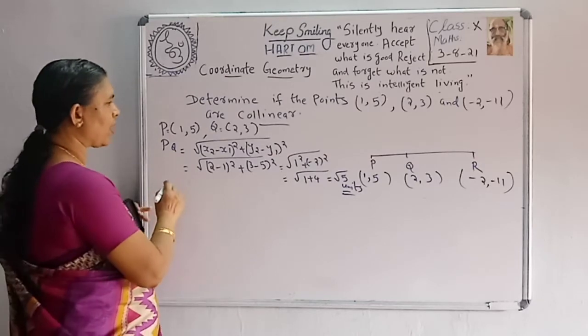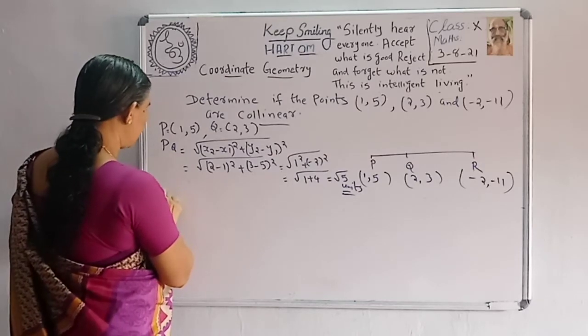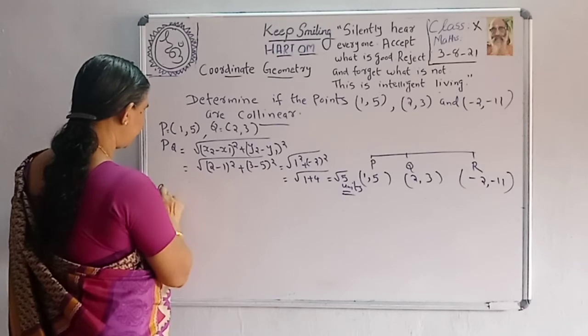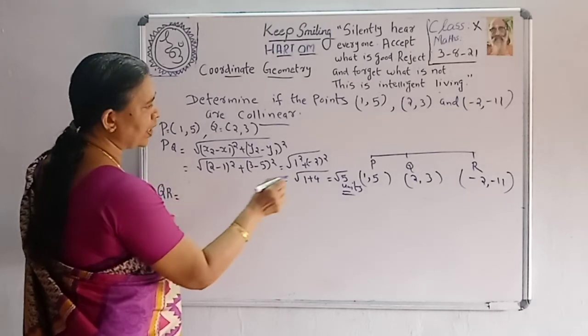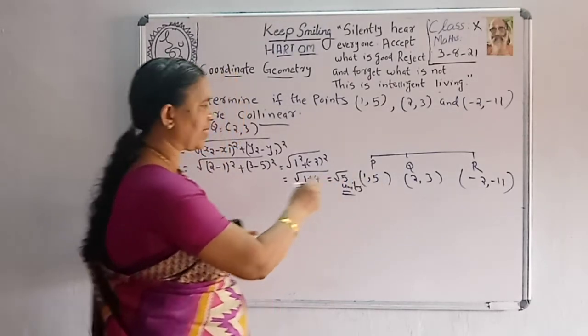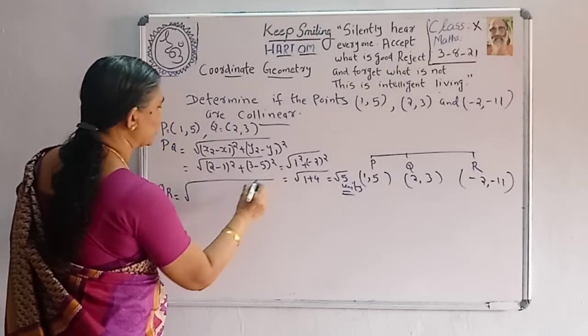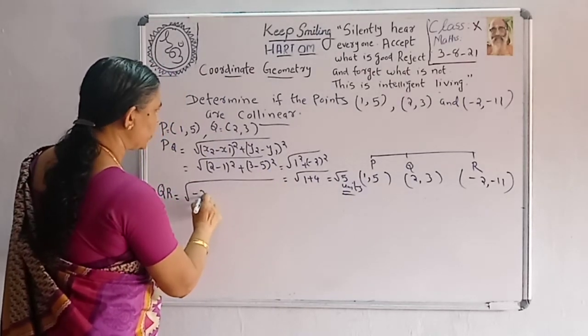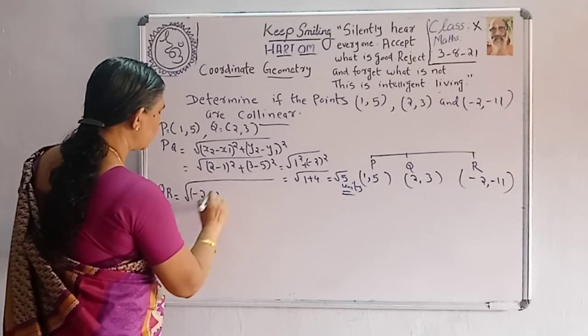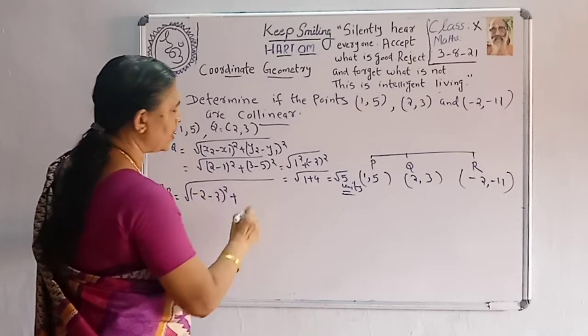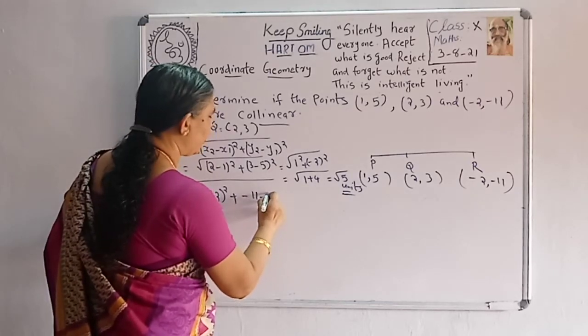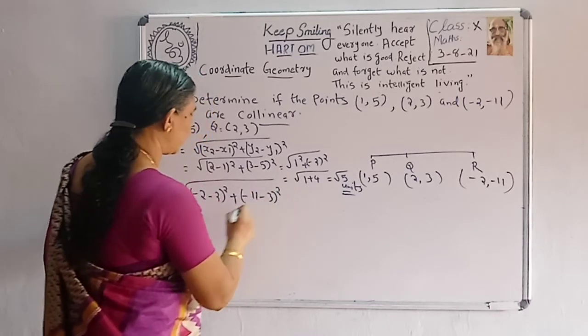Then what is QR? Q is (2, 3) and R is (-2, -11). So we can use the formula: the square root of (-2 minus 2) the whole square plus (-11 minus 3) the whole square.